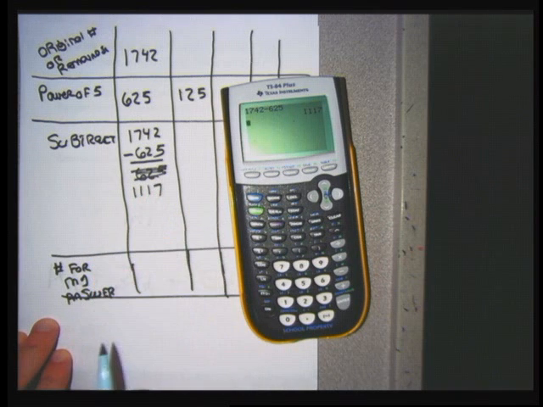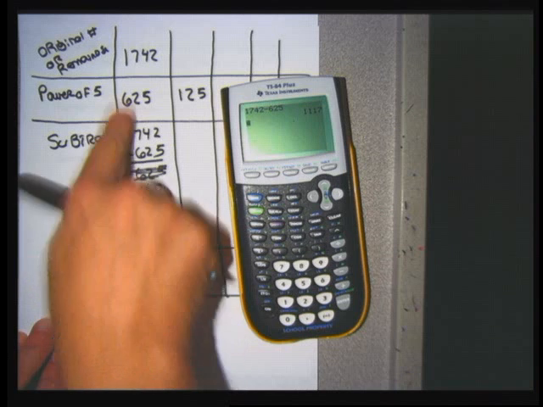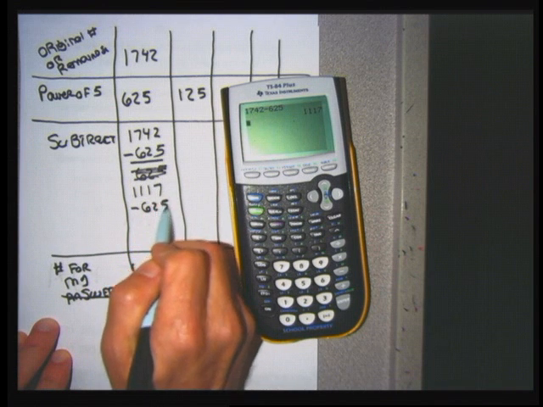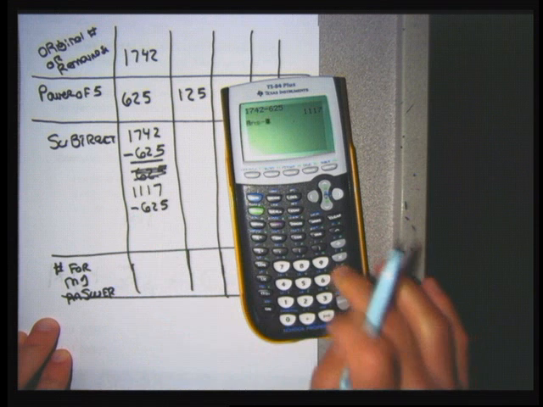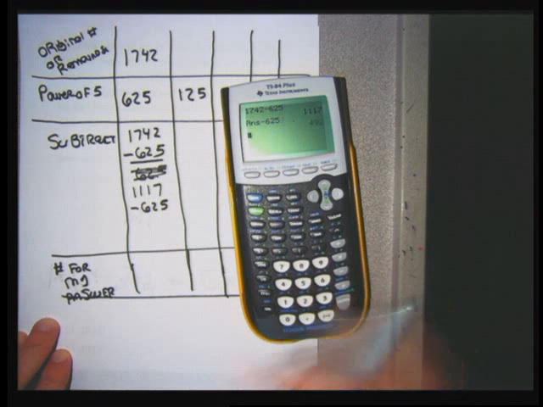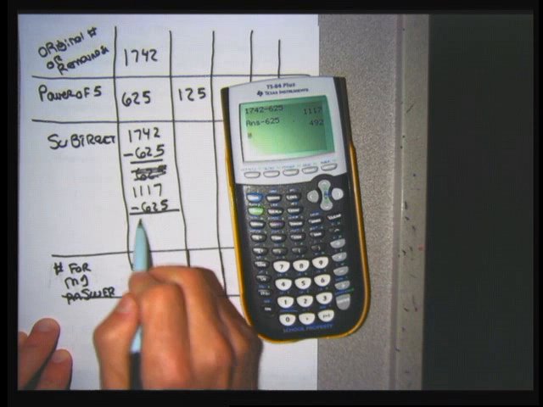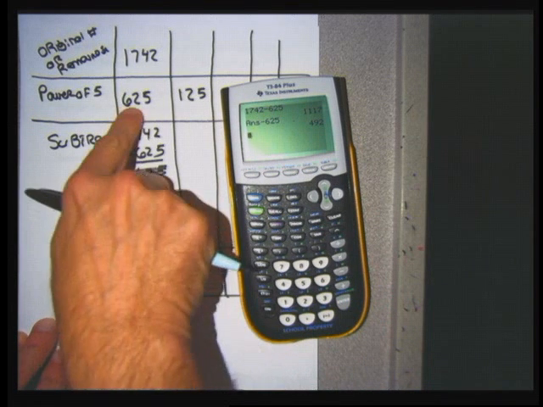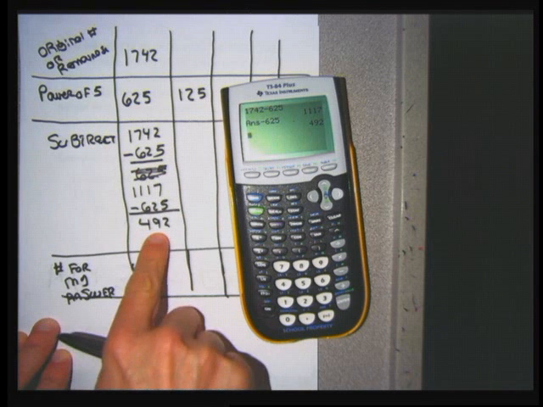So I subtracted it once. This number is bigger than 625, so I need to subtract it again. And if I just hit minus 625, it'll do that subtraction for me. Once I subtract and get smaller than that power of 5, I'm done subtracting.